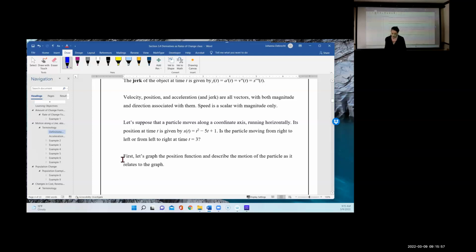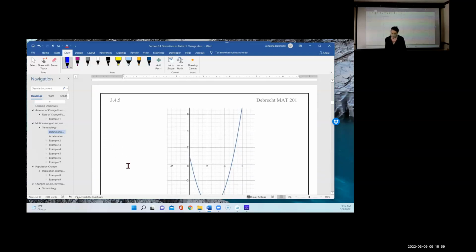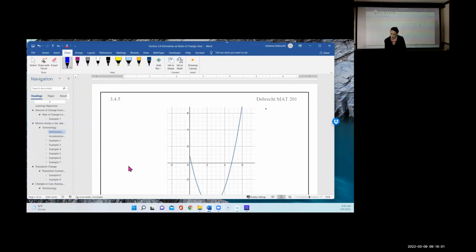So the particle itself is going back and forth and back and forth. So there's an origin somewhere, and the particle starts somewhere and it moves one direction and then it comes back, and it's just going back and forth on this line.